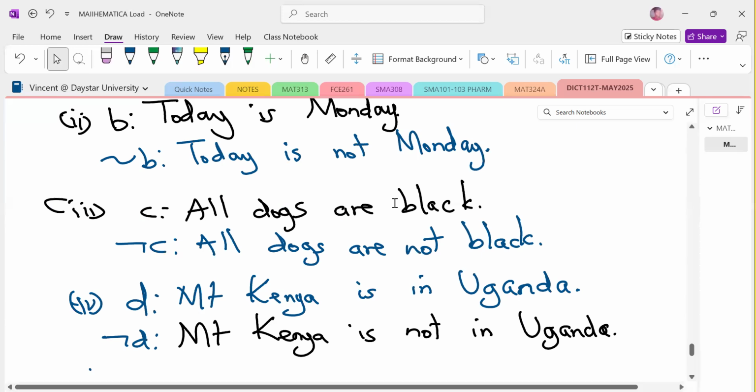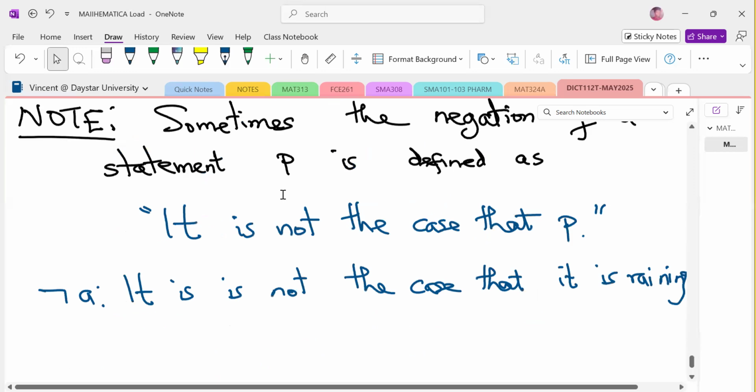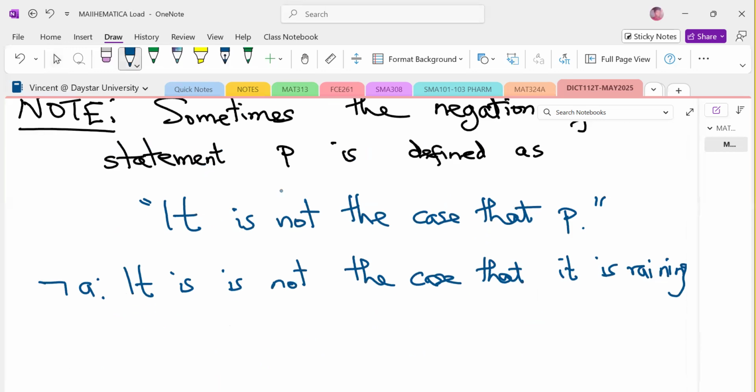Please know, don't confuse the two ways of defining it. If you are starting with the stem, it is not the case that, then the statement P is written the way it is. You don't interfere with any word on the statement P, because the negation has already been taken care of in the stem.